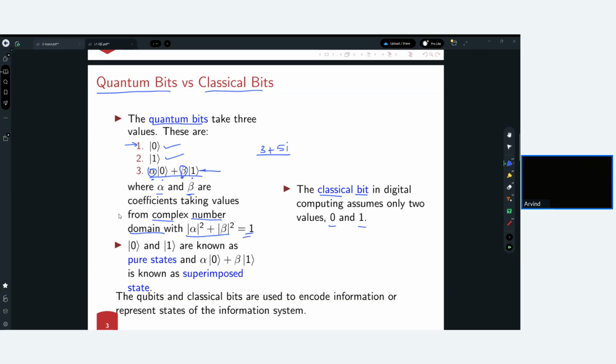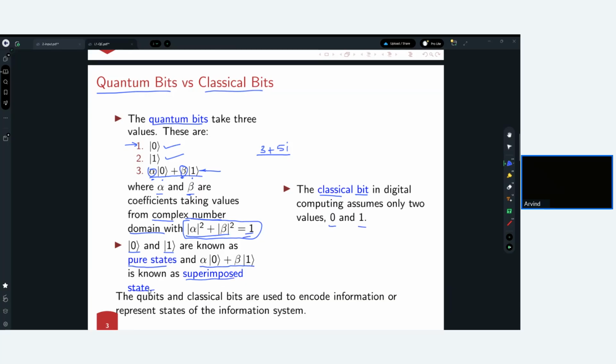This condition needs to be satisfied in order to have a qubit in a valid state. These states, qubit 0 and qubit 1, are also known as pure states, whereas the third state, alpha times qubit 0 and beta times qubit 1, is known as the superimposed state.